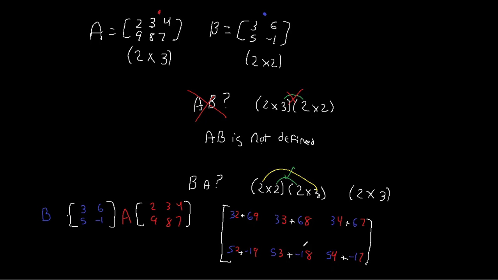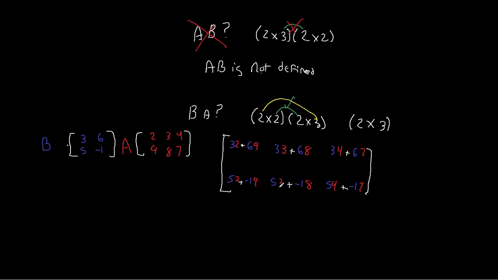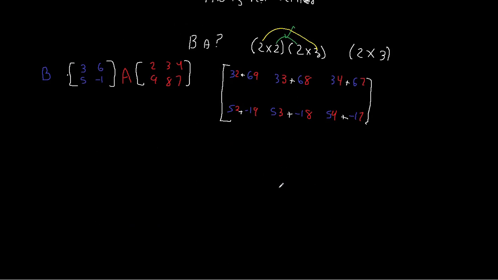All right, I'm going to scroll down just a little bit to give us a little more working space here. So let's go ahead and do the math here, at least the first part of the math. 3 times 2 is 6, plus 6 times 9 is 54. 5 times 2 is 10.